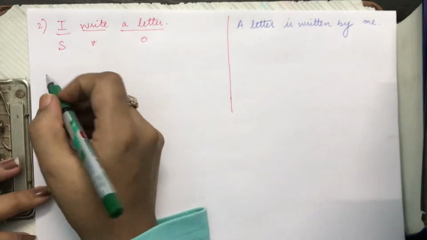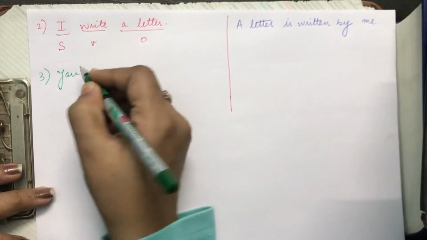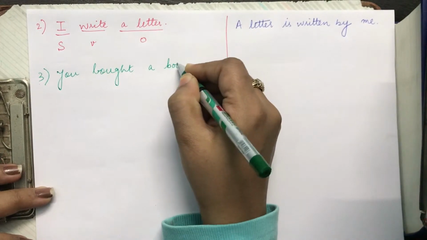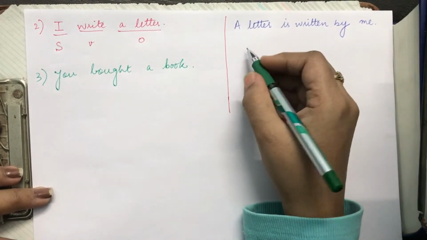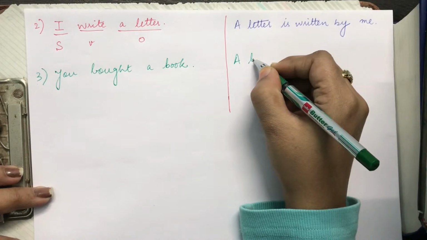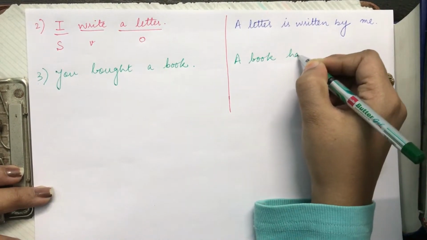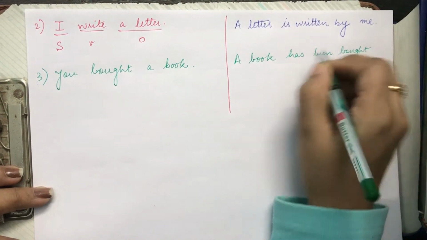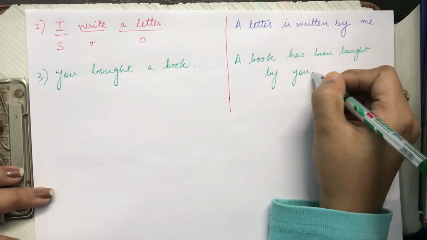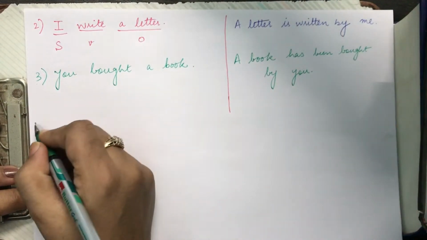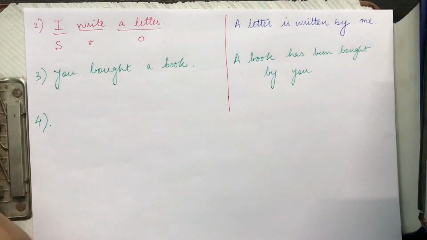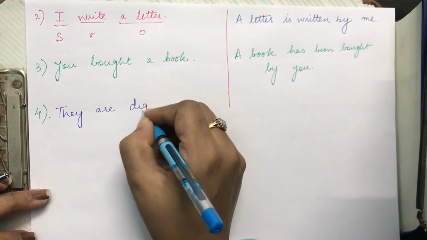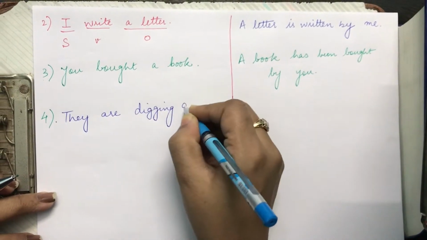Okay, the next is you bought a book. To convert it, we will be having the sentence in passive form as a book has been bought by you. Okay. Next example, they are digging a well.